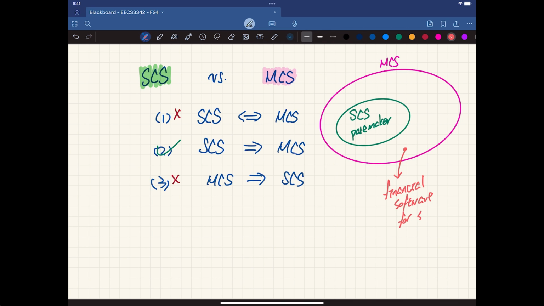You can see here, because we say SCS over here is really a subset of MCS, right? And we know that the subset relation in math also corresponds to implication, right? That's what you learned in 1090. We're going to review that as well. I just want to give you a sketch quickly.